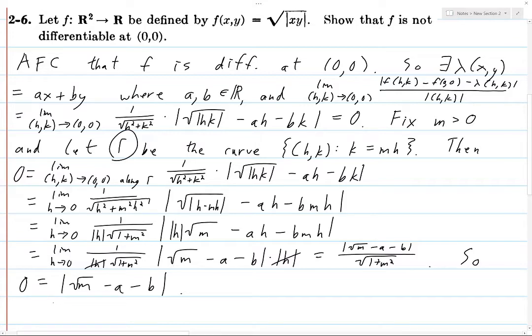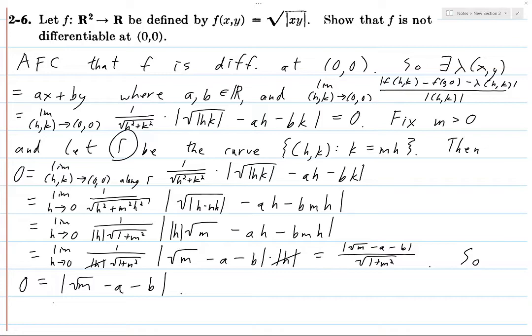So we know that a and b need to be chosen in such a way that this equation holds for every single choice of m greater than 0. And intuitively, you can just think that there's no way that this equality could possibly hold for every single m. And so we're basically done at this point.